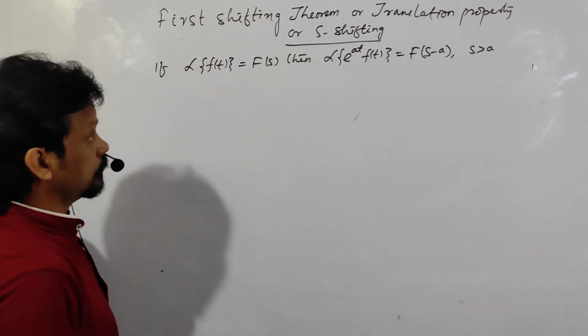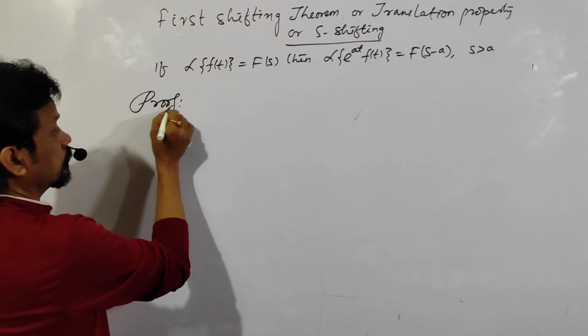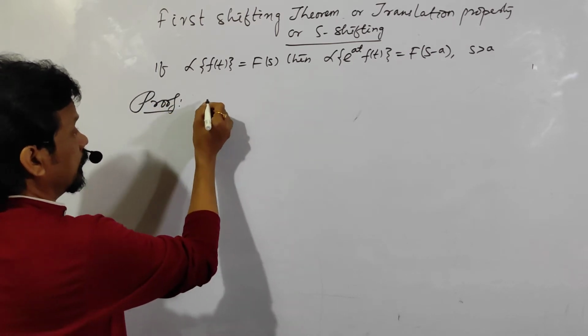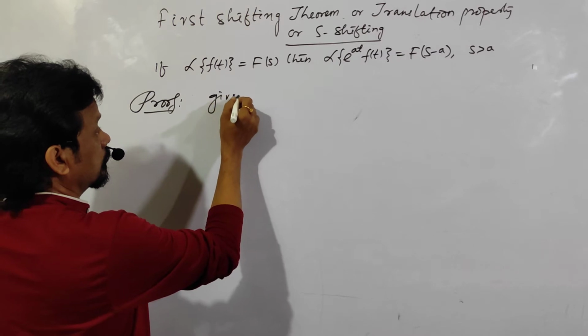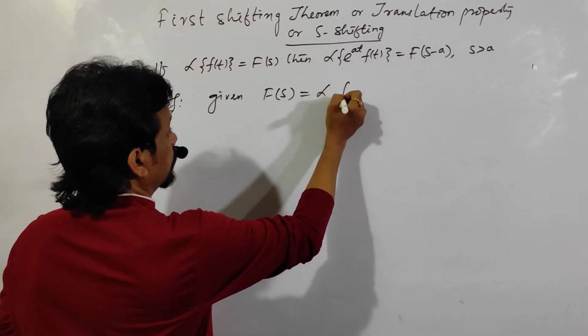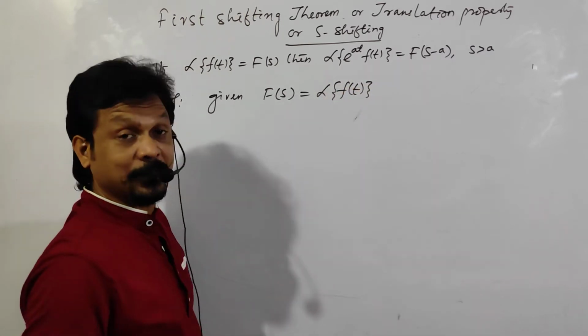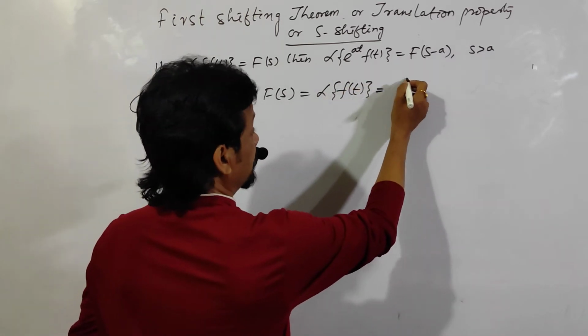So that is why it is called s-shifting. To see the proof, given F of s is equal to Laplace of f of t. And what is the definition?